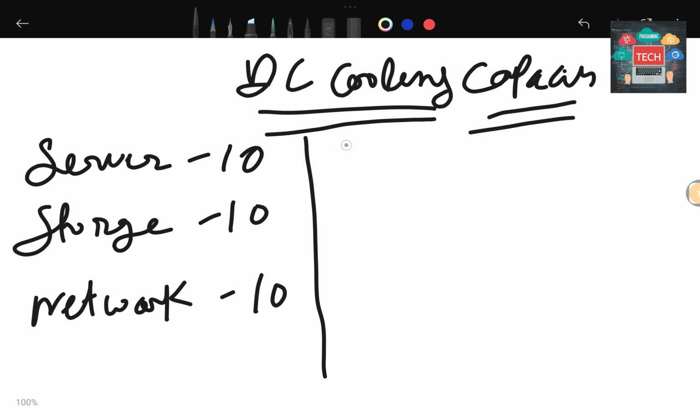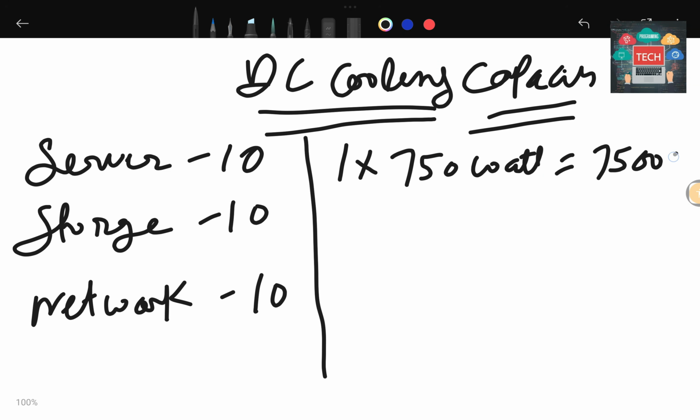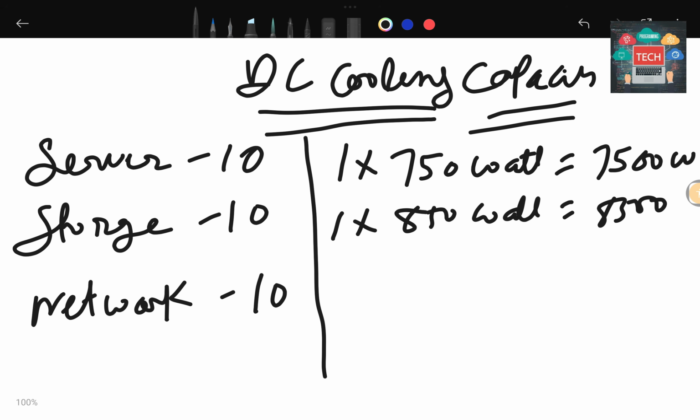One server has a 750 watt supply. Then 10 servers, this is my wattage of servers. One storage has 850 watt of supply, so the total for 10 storage is 8500.